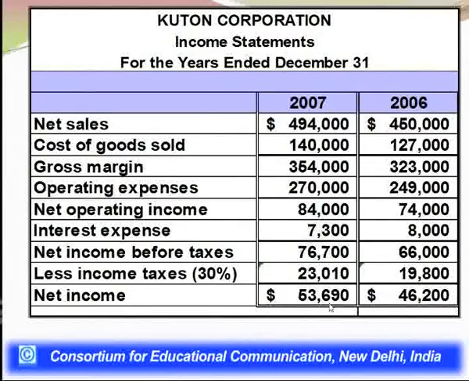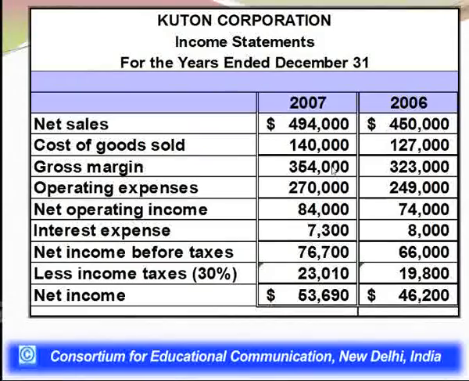53,690. This is net income for Q10 Corporation, which is certainly after deducting the tax of 23,010 and interest expense, which means my income before tax is 76,700, and net operating income for the company is 84,000, and gross margin is 354,000.